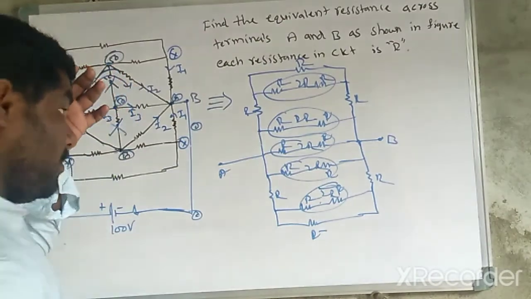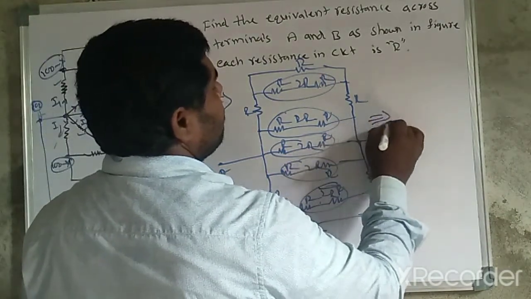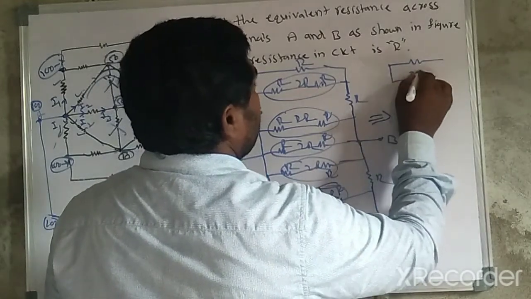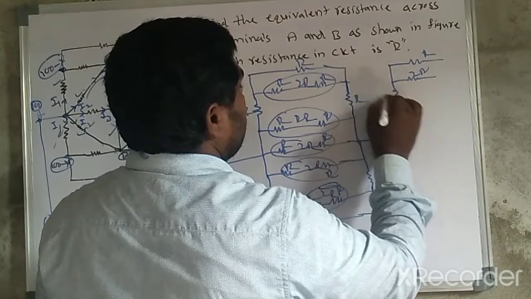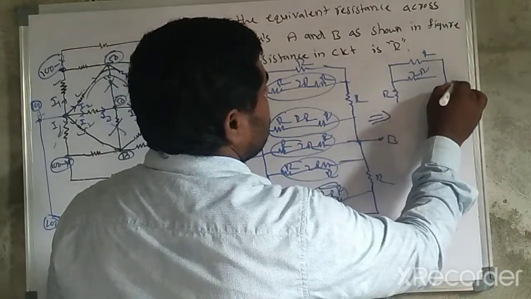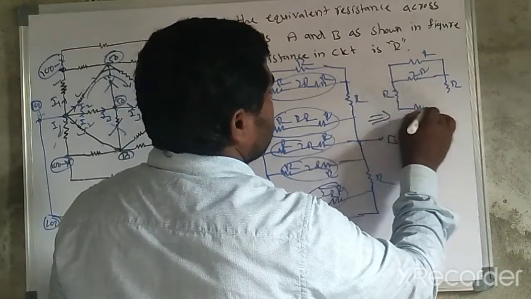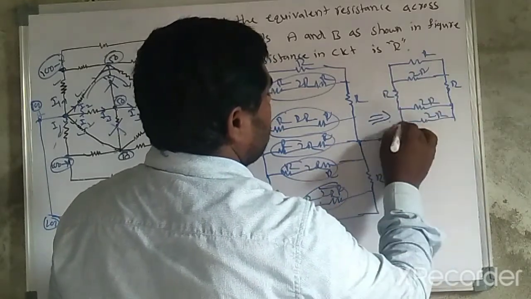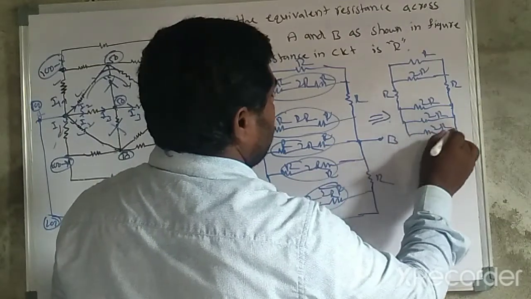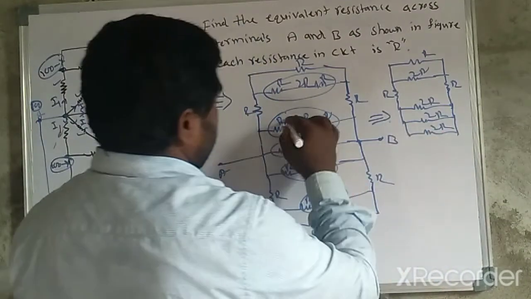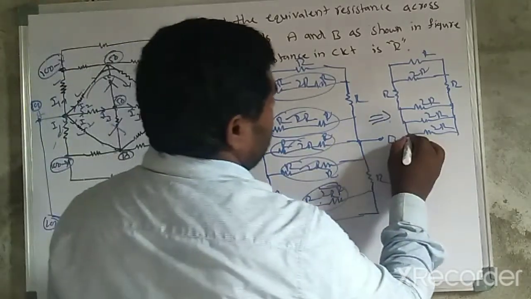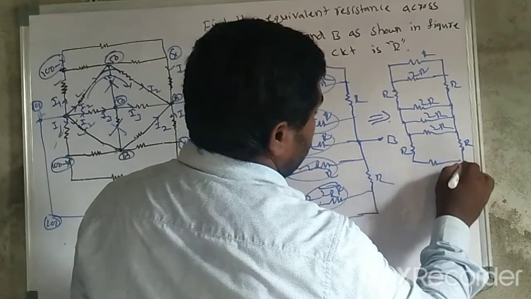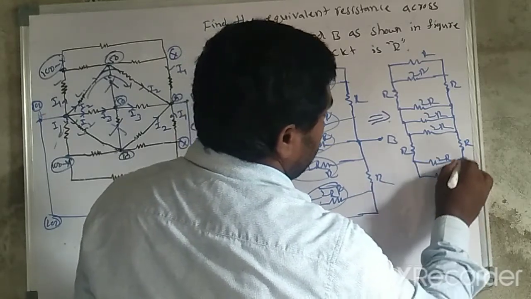So here you may draw the circuit diagram again, with R and 2R in each branch. So 2R, and here also R. So here the 2R, and now this is R.